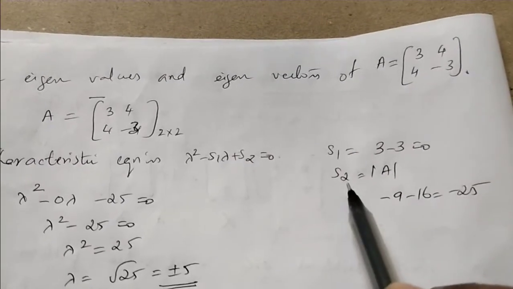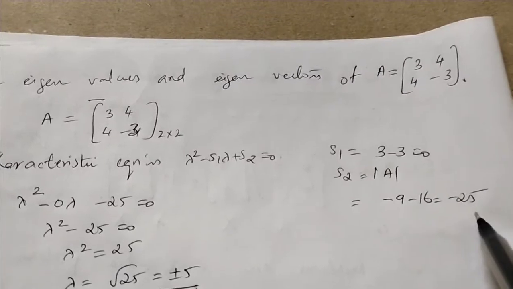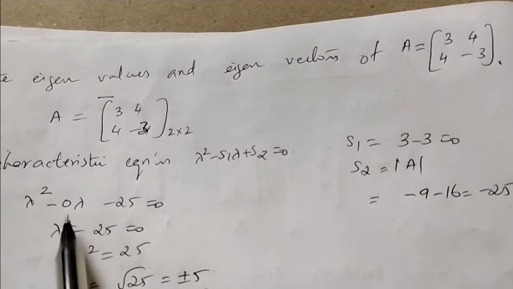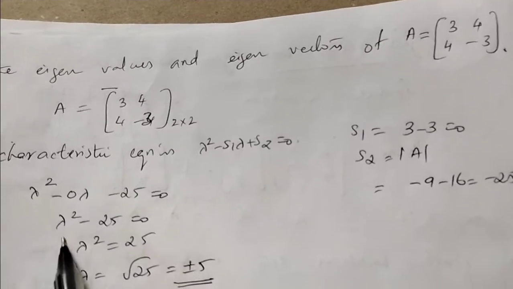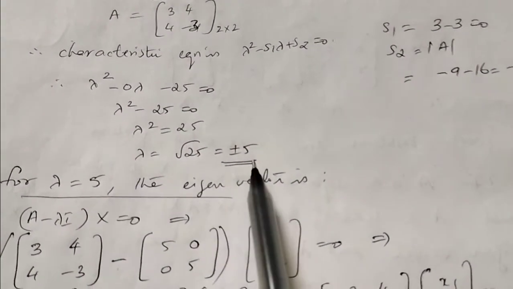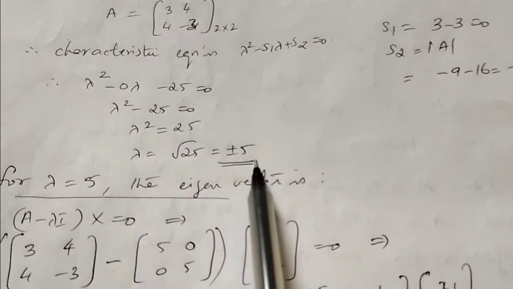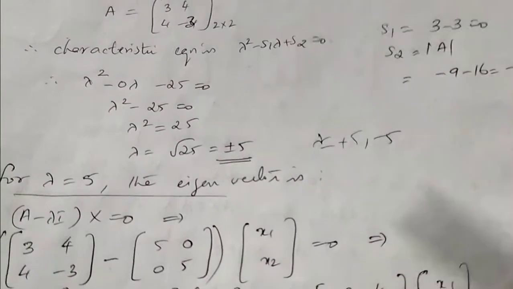And S2 is the determinant of A: −9 − 16 is −25. So the equation is λ² − 0λ − 25 = 0, or λ² − 25 = 0, so λ² is 25, and λ is plus or minus 5. So +5 and −5 are the eigenvalues.